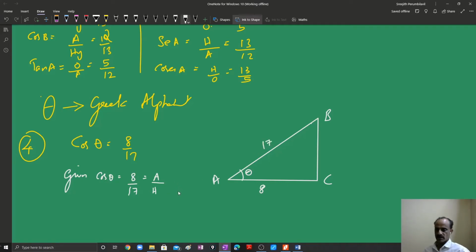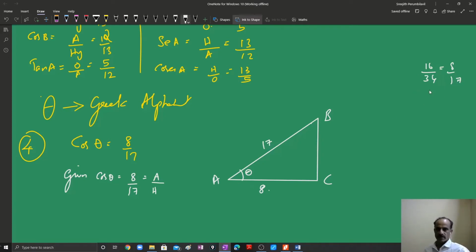Not necessarily, because 16 by 34 is also 8 by 17. So suppose this is 16 and this is 34, then also you will get the same ratio, and so on.